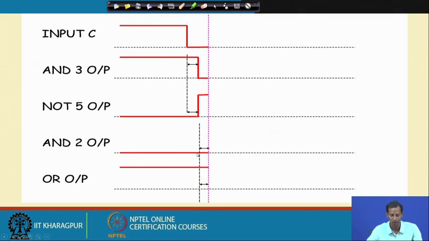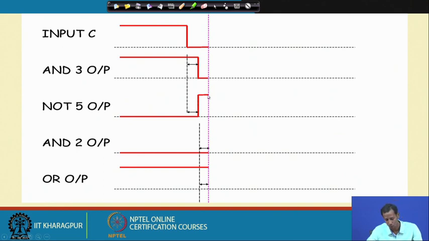So, here you consider that after this particular time period, this AND gate will now try to change. Why does N2 have an extra delay element here? Because it is passing through 2 gates. Till now, because of this NOT gate it is getting the delay.